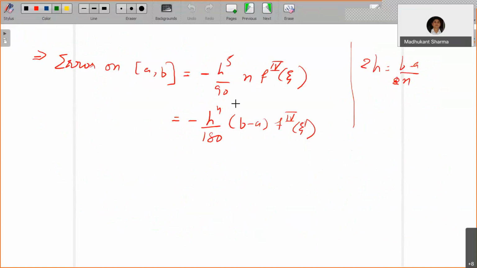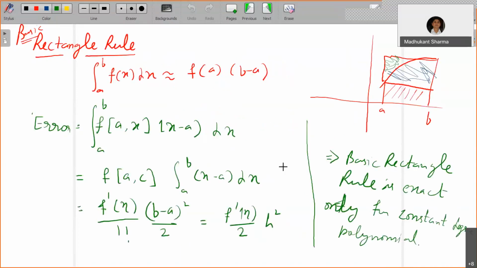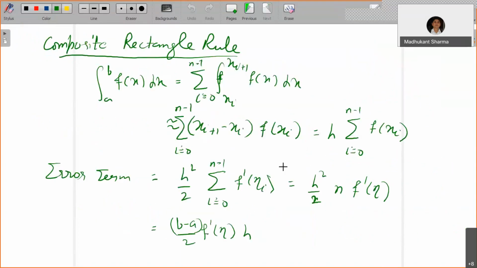Okay, right. Similarly for trapezoidal as well. For the basic trapezoidal rule, you were having h cube, but when you talk about the composite trapezoidal rule, it reduces to h square. Okay, right.